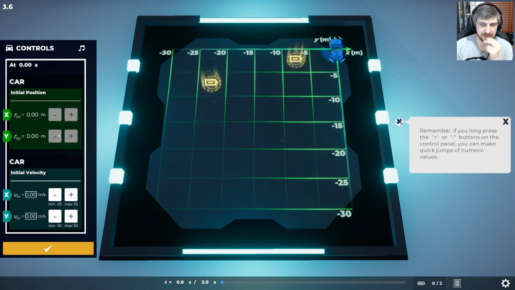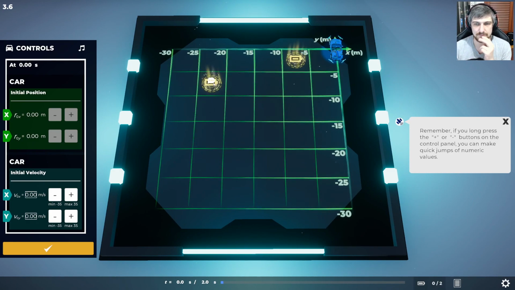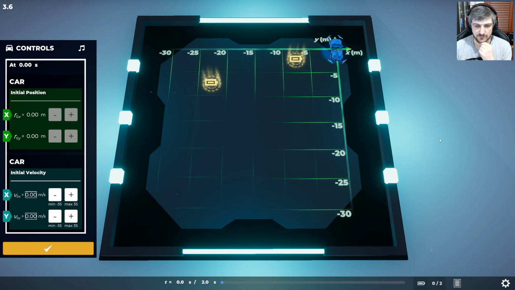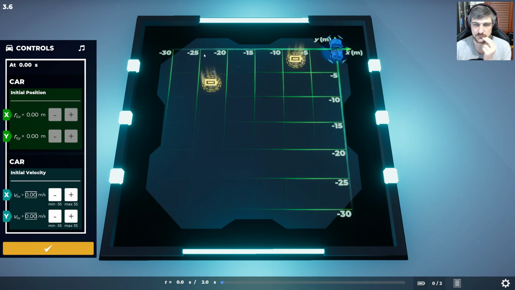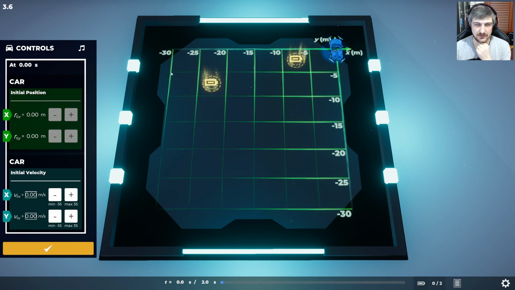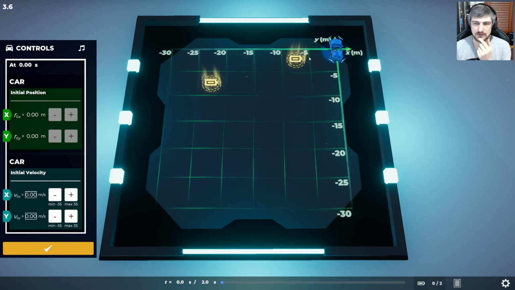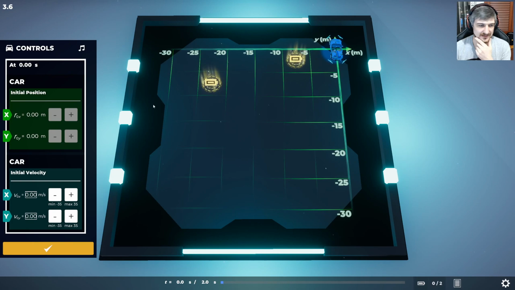Okay, oh, this is a tricky one. So what we want to do is actually kind of go into the middle of this square. So, and we have 2 seconds again. So we want to be traveling 25 at least. So we want to go here down to here. So we want to be to -10.